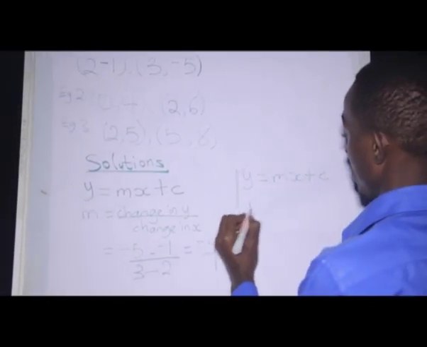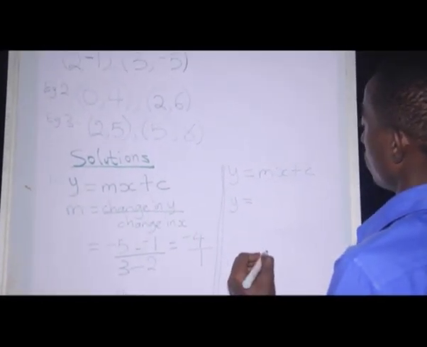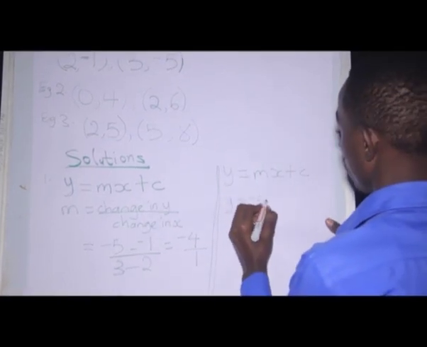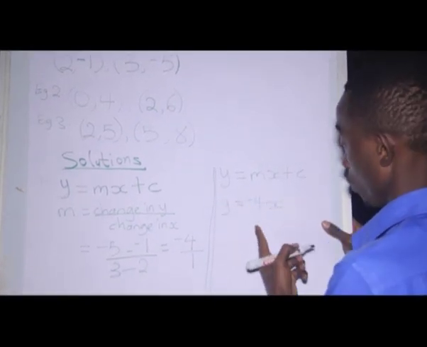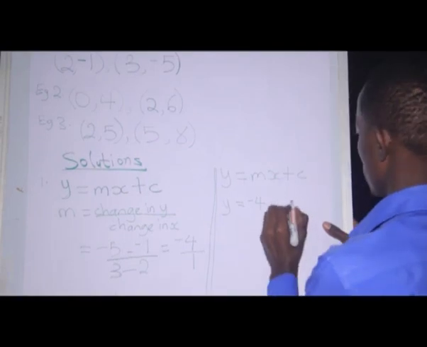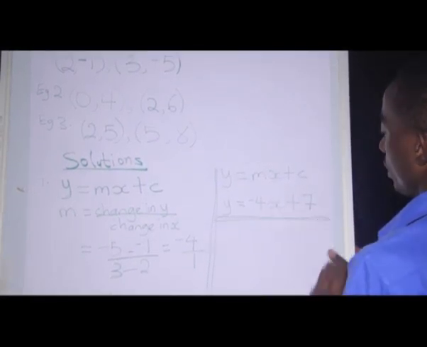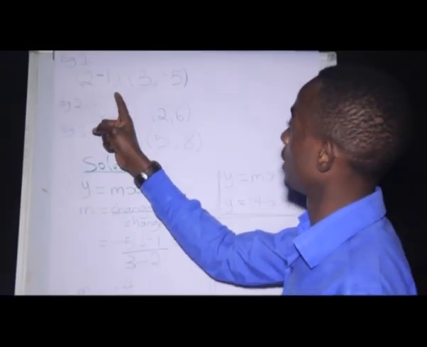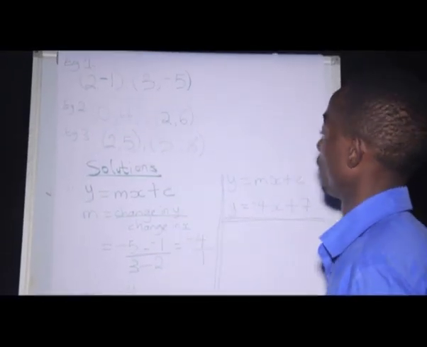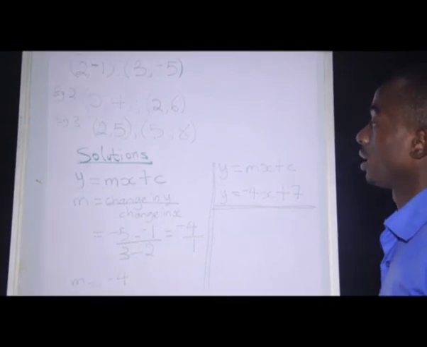So my y remains like that, is equal to m, which we got as -4, x, I also don't substitute for x, plus the c, which is 7. So this is the equation of the line that joins 2, -1 to 3, -5. That is how we find the equation of the line.